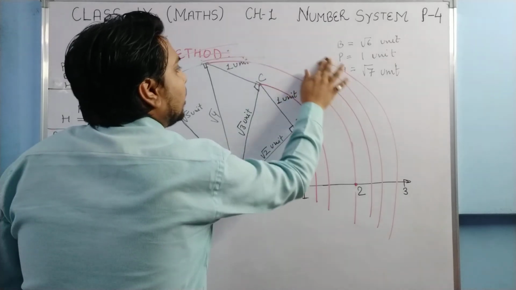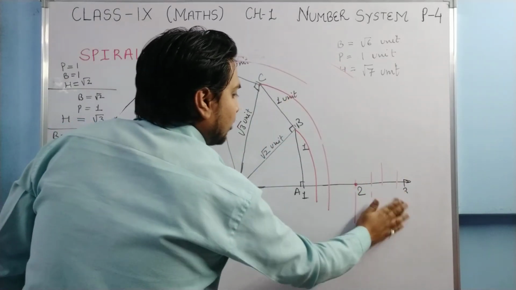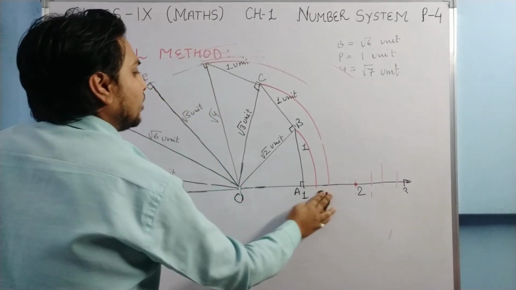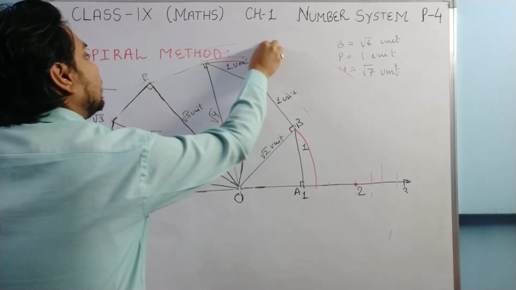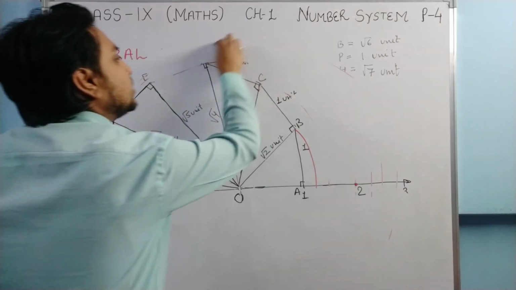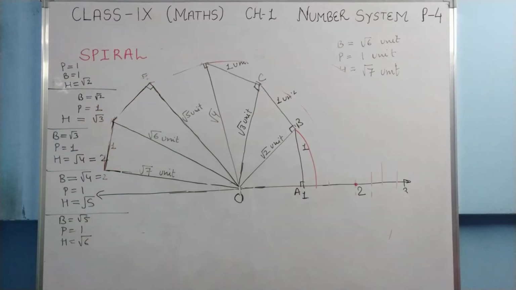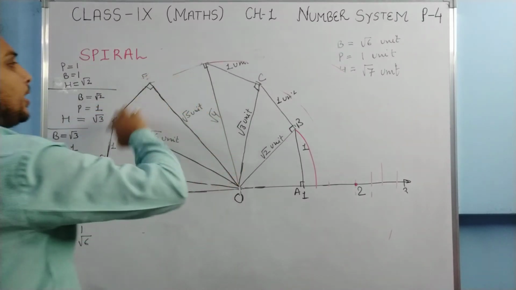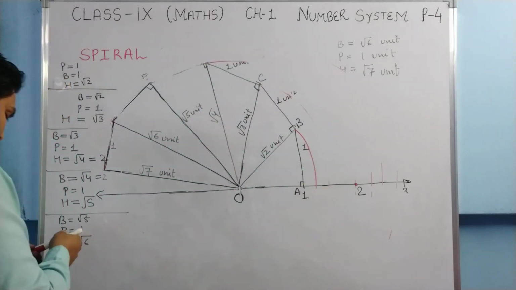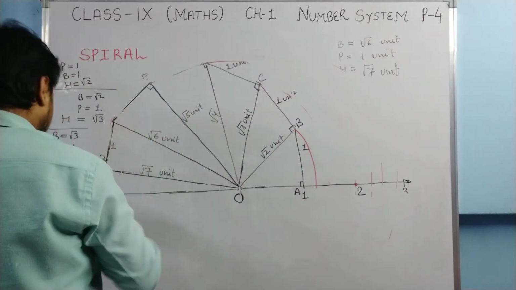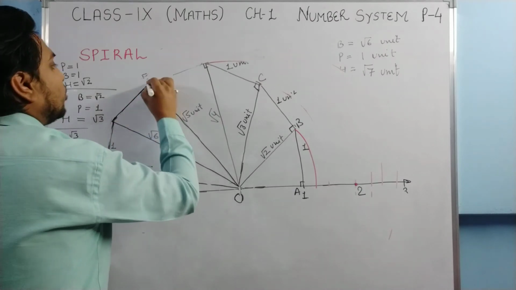You only have to make this figure, not this. I told you this to make you understand that if it is given to represent under root 6 on the number line, you will make it like this, and after that cut the arc for under root 6. Now students, you should note it down.